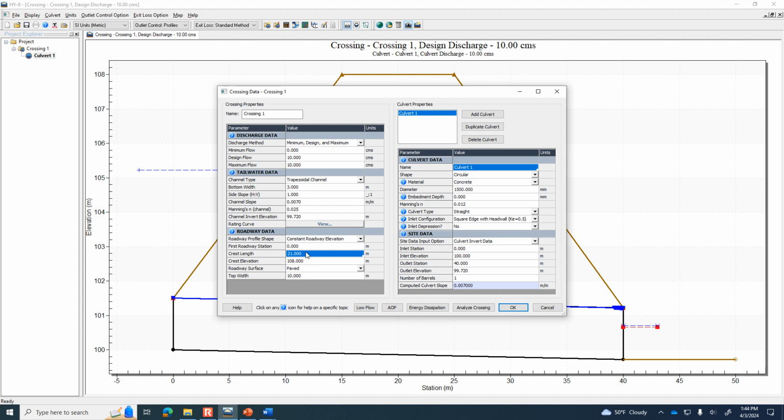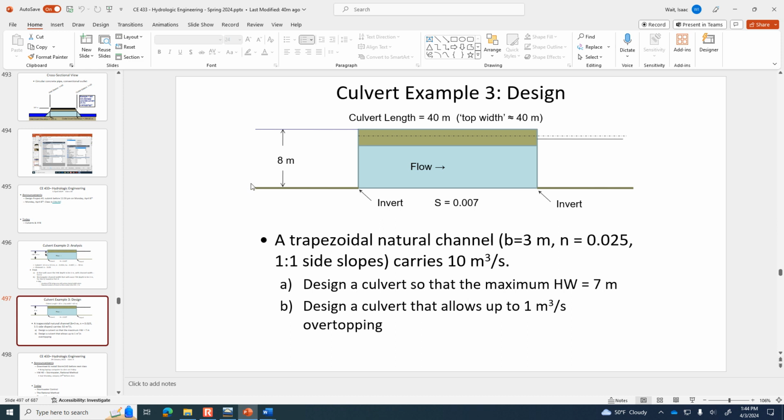And the way that I estimated that is, remember here in this front view, let's say we've got a circular concrete pipe. The water level is rising, and the problem statement said that the elevation difference between the bottom of the channel and the roadway surface is 8 meters.